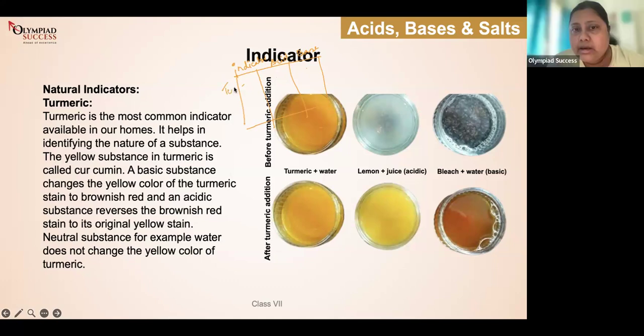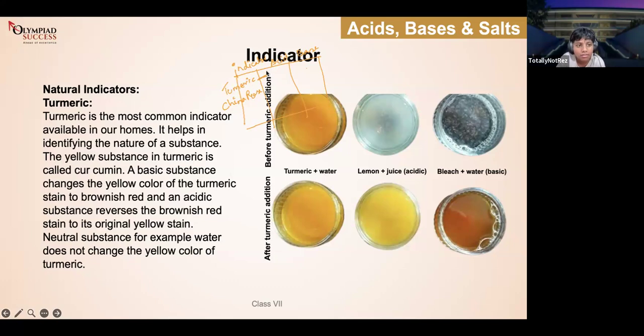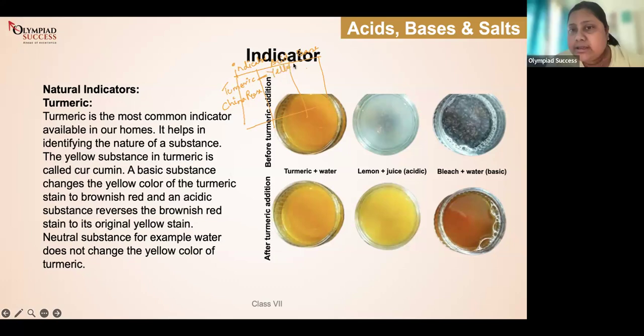Okay. Write here turmeric, China rose. For acid, what should I write here? Turns yellow, and here with base, turns red. With China rose, what should I write?